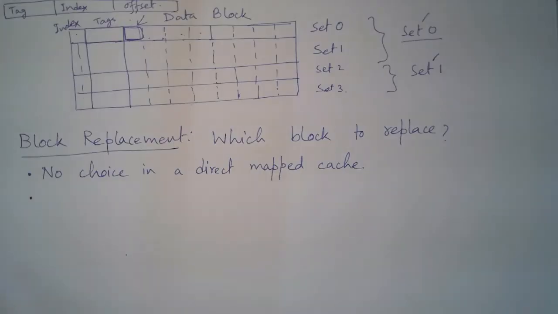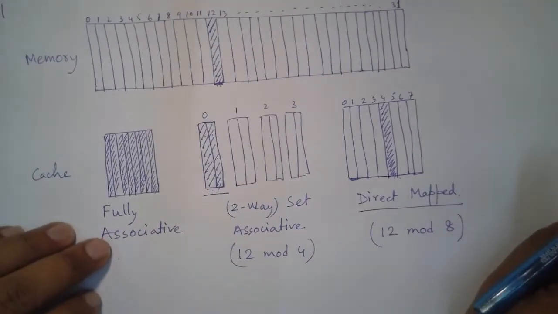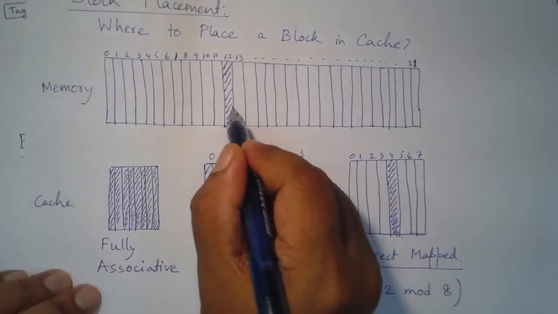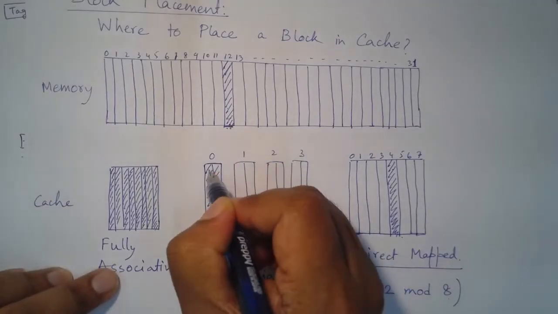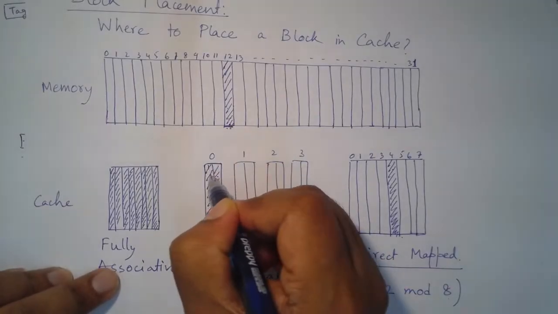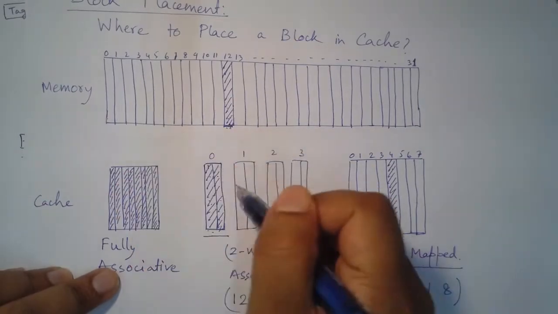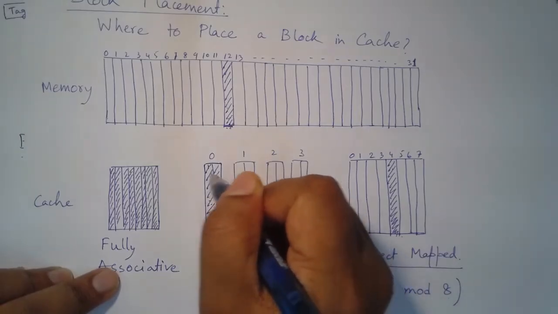So again, if I come back to this example, let us say I want to bring in block number 12 in a two-way set associative cache. Block number 12 can come, let us say, in the first block in this set. I want to bring in block number 4. Block number 4 can come in the second block of this set 0.